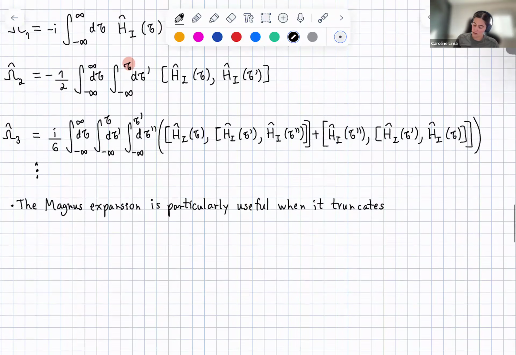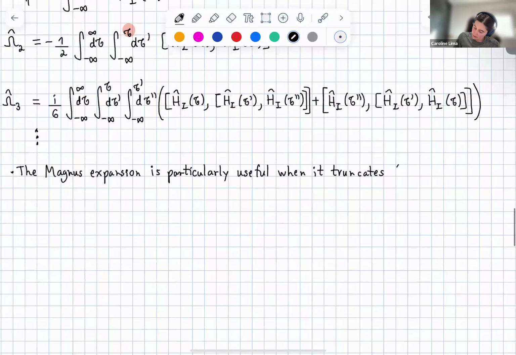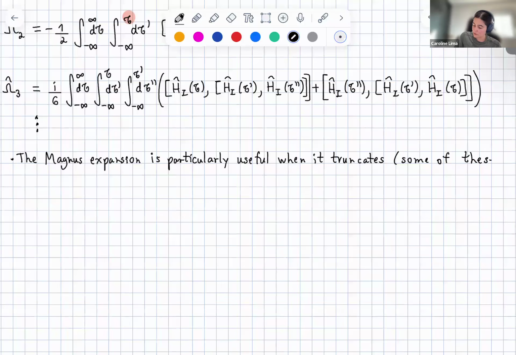Does that make sense? So if the sum of this nth order nested commutators is a C number, then in other orders we won't have any contribution.